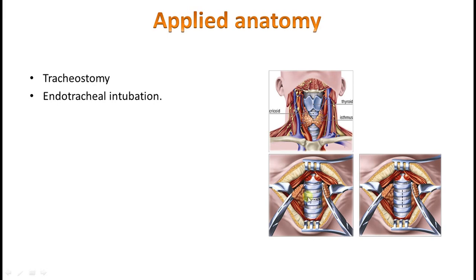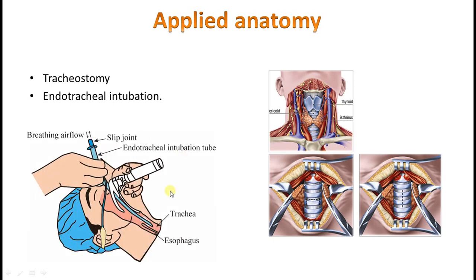In adults, low tracheostomy is actually done to create an external airway so that air enters into the lungs. And in patients who cannot breathe, then naturally what you do is endotracheal intubation. So insert a tube and that is actually connected to a ventilator.